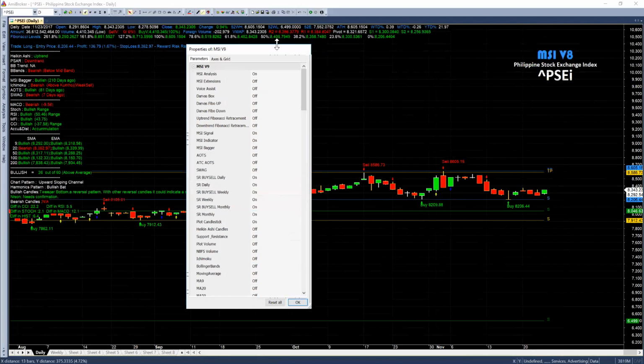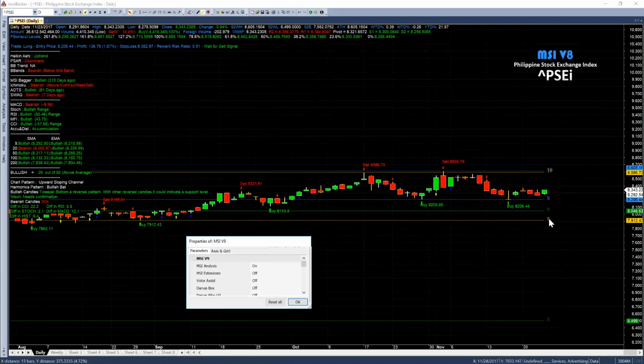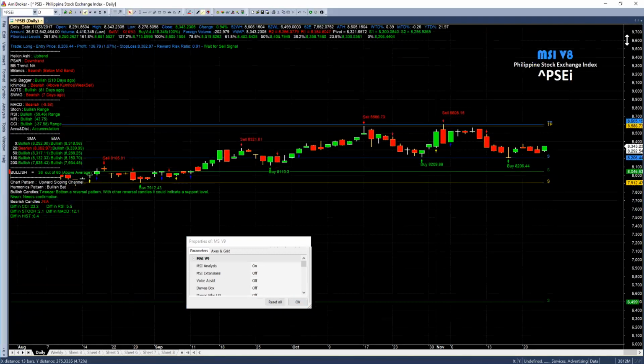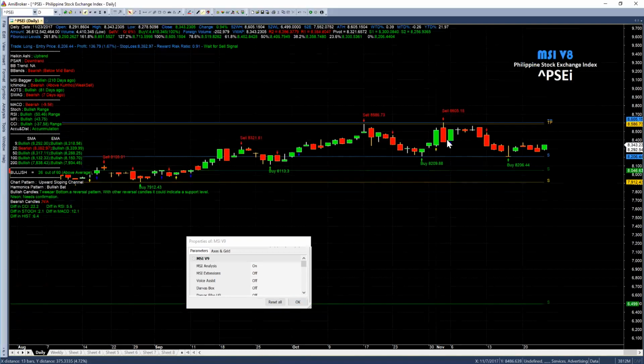So basically S means support and TP will be your target prices. Okay, so range trading or swing trading, pwede nyo i-apply dito using the support and resistance na to. So you can buy near the support and then sell near the resistance of the blue line.